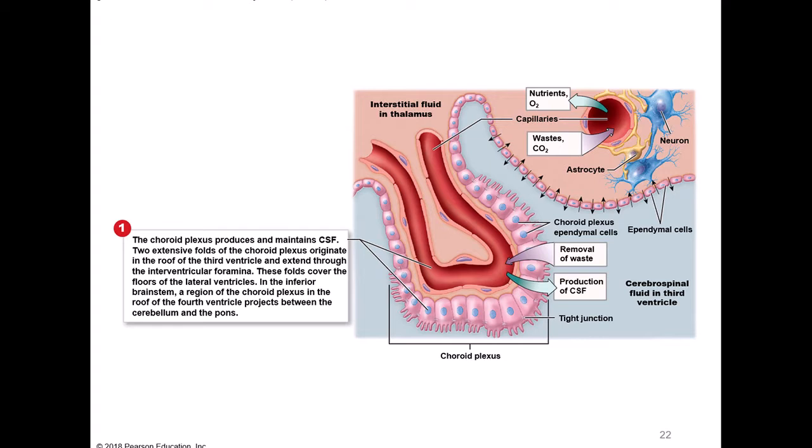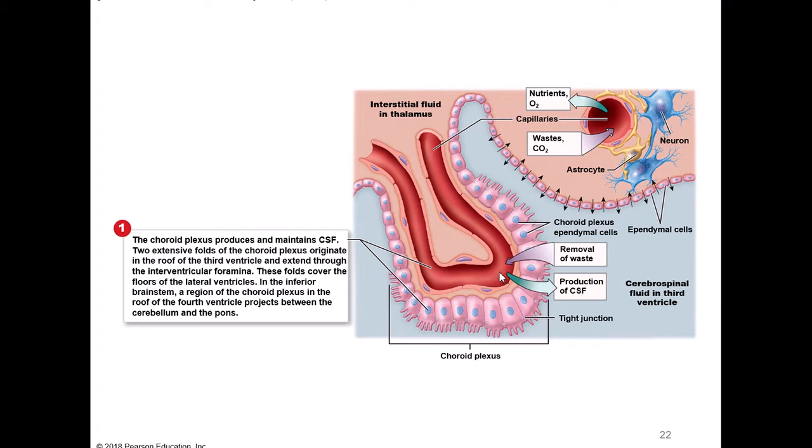Here's a picture. This blue area is the third ventricle. They picked one of the ventricles. In the wall of the ventricle, you can see this capillary right here. This is the choroid plexus. This is kind of a leaky capillary. What will happen is the plasma will go through the ependymal cells. All of these cells here are the ependymal cells, and you can see they even have some cilia, which help to move the cerebrospinal fluid.